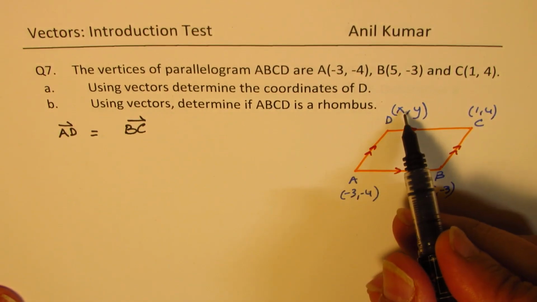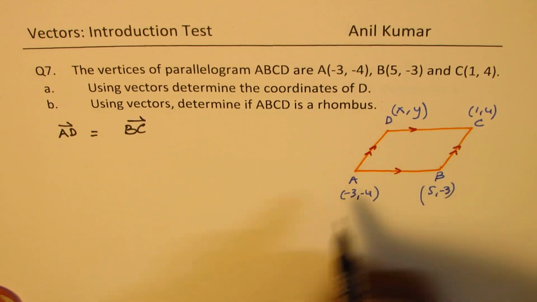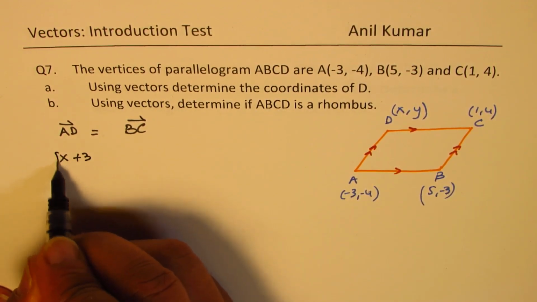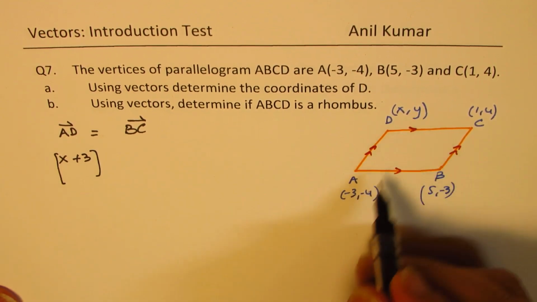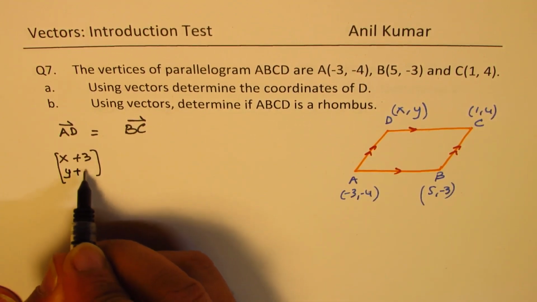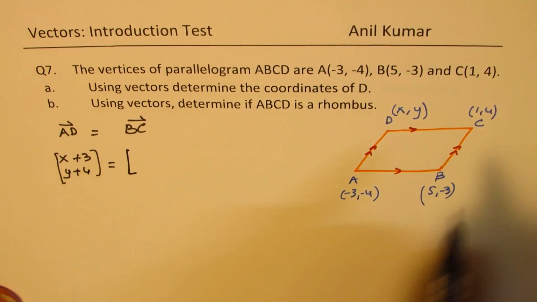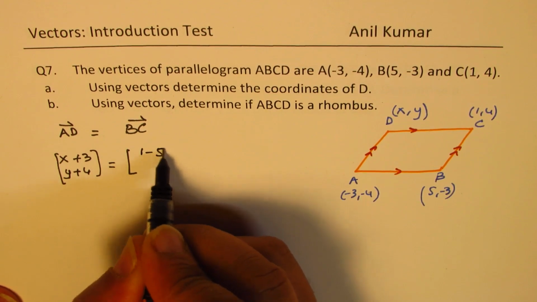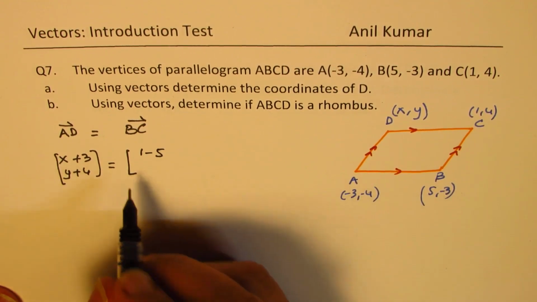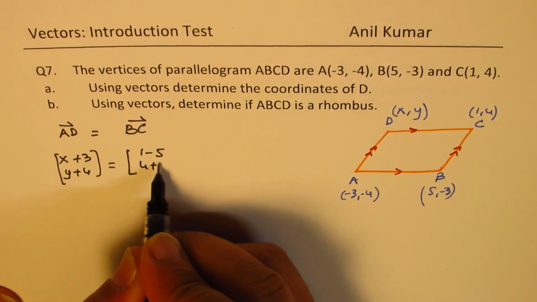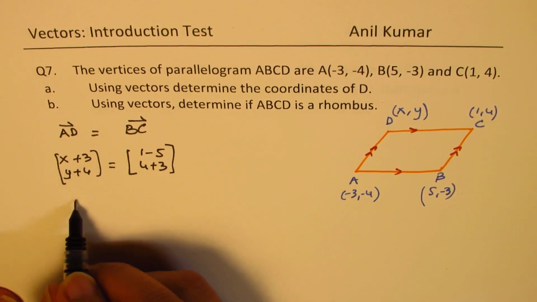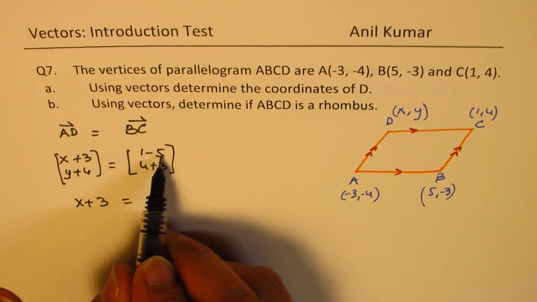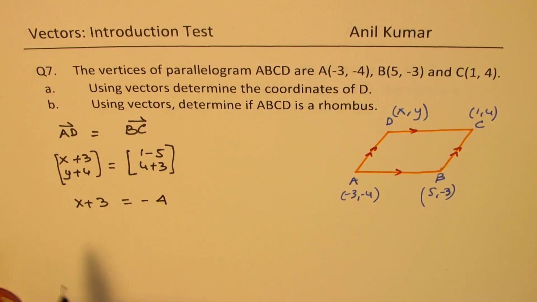Now what is vector AD? So vector AD is x minus -3, which means x plus 3, right? And y minus 4, which means y plus 4, correct? Equals B to C, which means 1 minus 5 and 4 minus -3, which means 4 plus 3. So that means we have x plus 3 equals 1 minus 5, which is -4, correct?